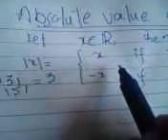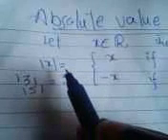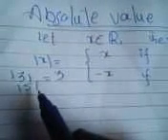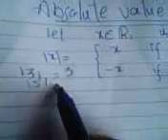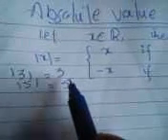Therefore, the same number 3 would be returned. If, for example, it is mod of 5, then according to this definition, the number is greater than 0, so the same number is returned, which means that we will simply write 5.